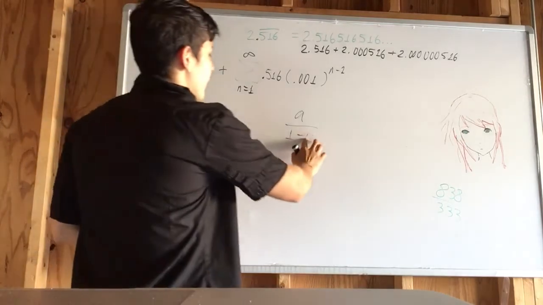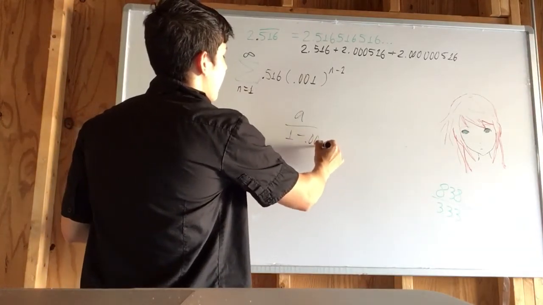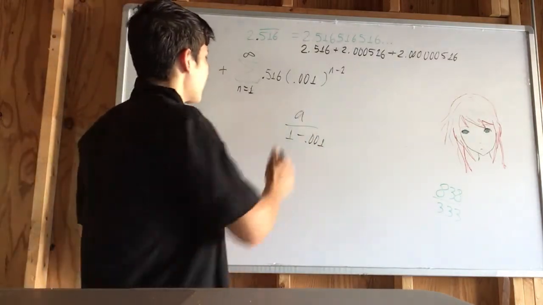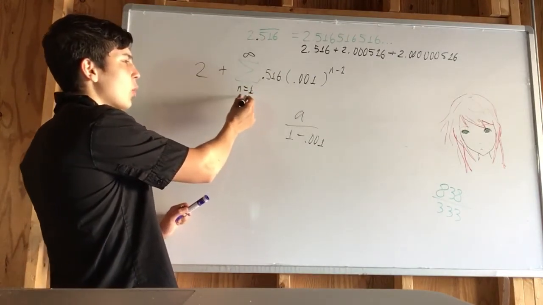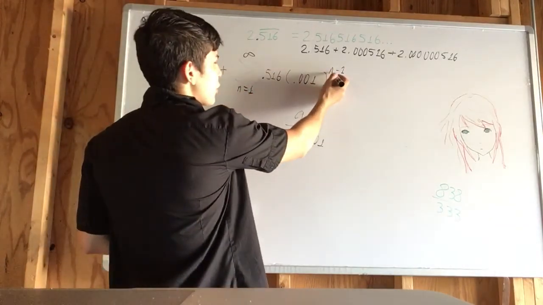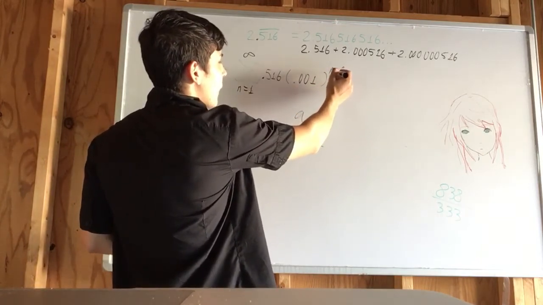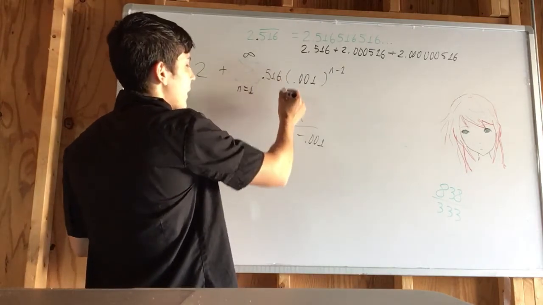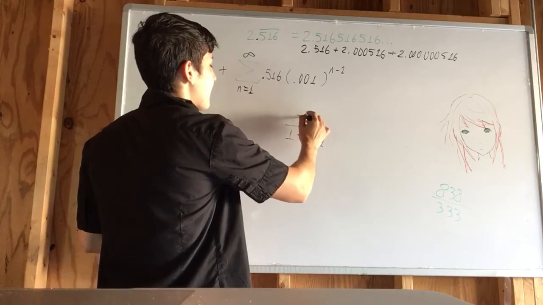R is our common ratio, which is this, 0.001, and a is what we get with our first term. So the first term is when we plug in n equals 1. We plug in n equals 1 here, this would be 0, this would go to 1, and so we would be left with this. 0.516 is a.